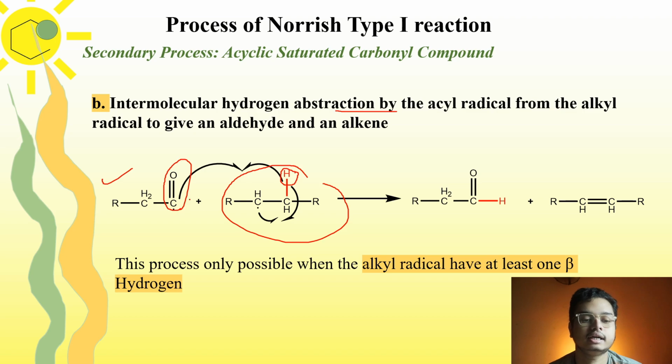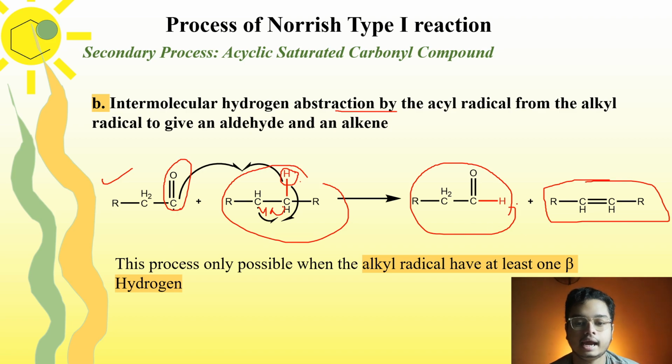So this acyl radical captured the hydrogen present in the alkyl radical, and then a new radical forms, and these two radicals recombine to give an alkene species and the corresponding aldehyde.